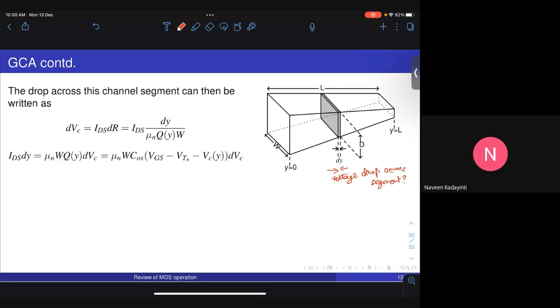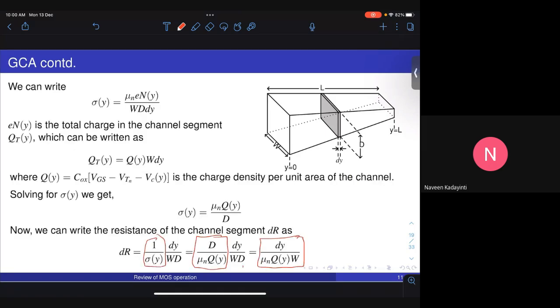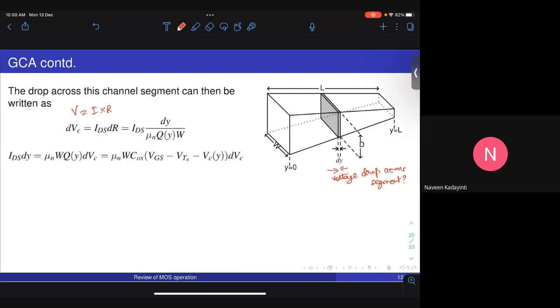This is nothing but V is equal to I into R. So we have I as IDS and incremental resistance R is nothing but dR. We have an expression for dR from the previous slide, which is dy upon mu n into Q of Y into W. If you plug that in here, what we get is the incremental voltage dVc across this incremental channel segment as IDS into dy upon mu n into Q of Y into W. Note IDS is constant, right? It's the total drain current, so that is not a function of any position parameter. It's a constant. It will be fixed.